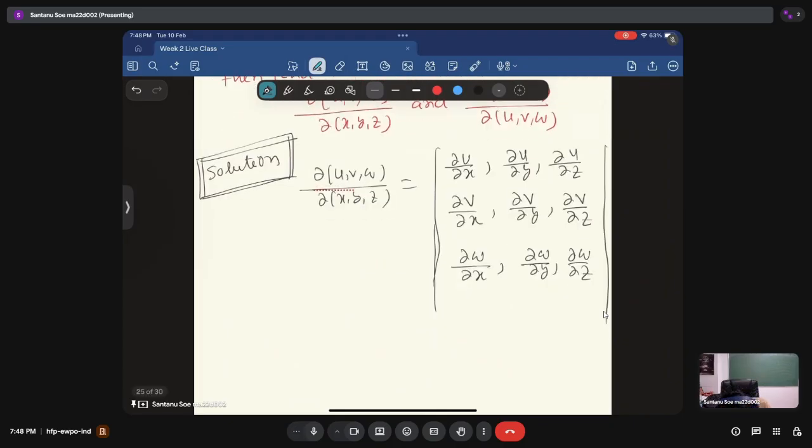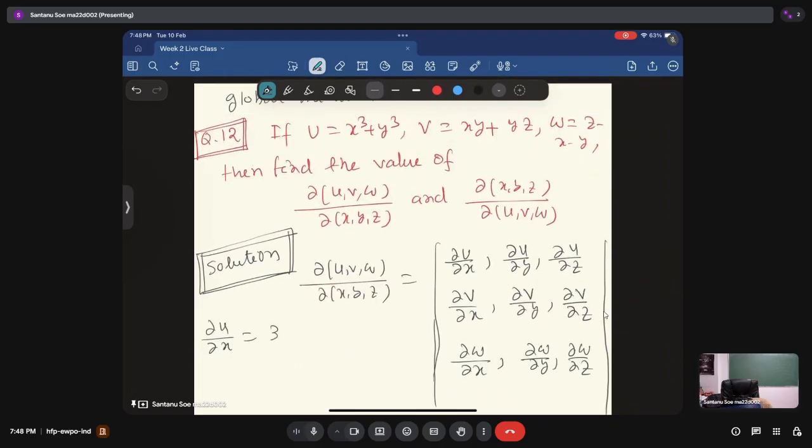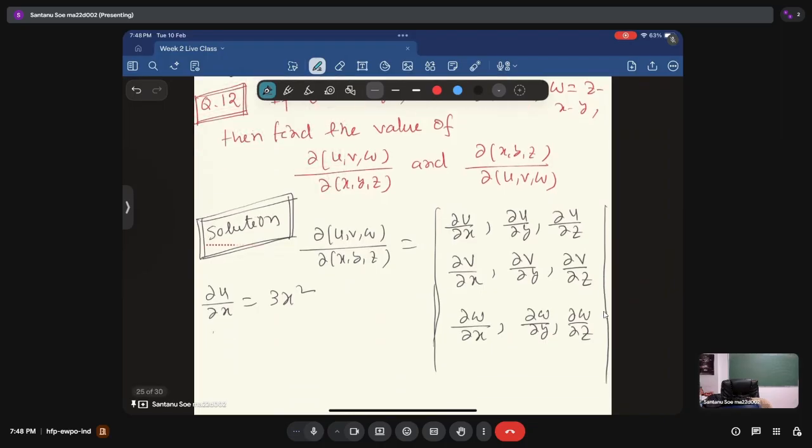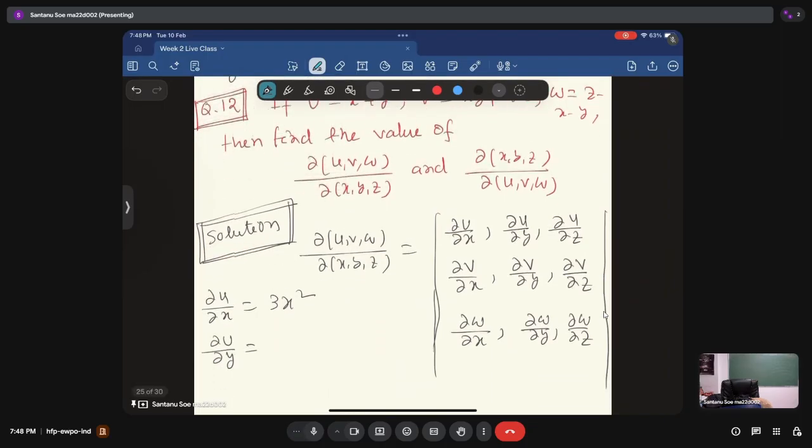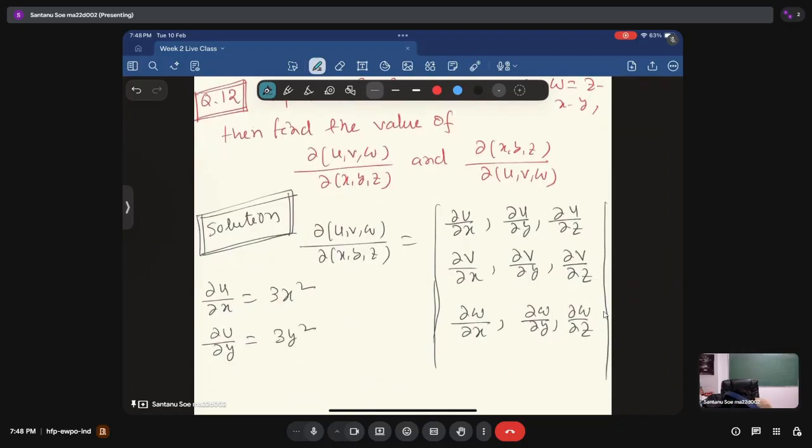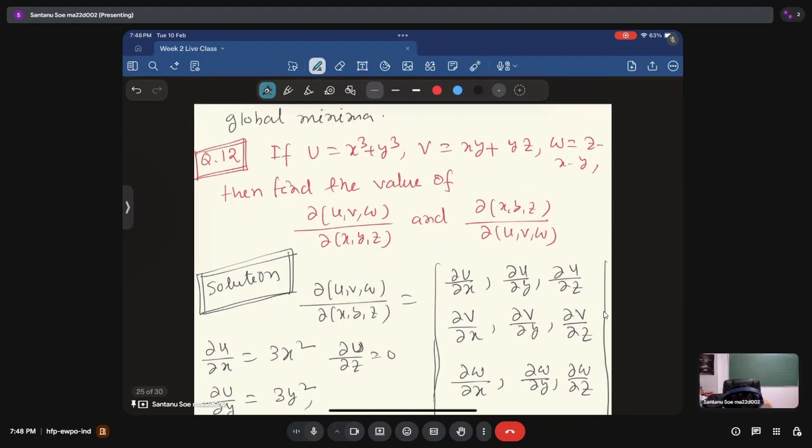Okay, so our del u del x is 3x square, del u del y is 3y square, and del u del z is 0, because here u is not a function of z, correct?